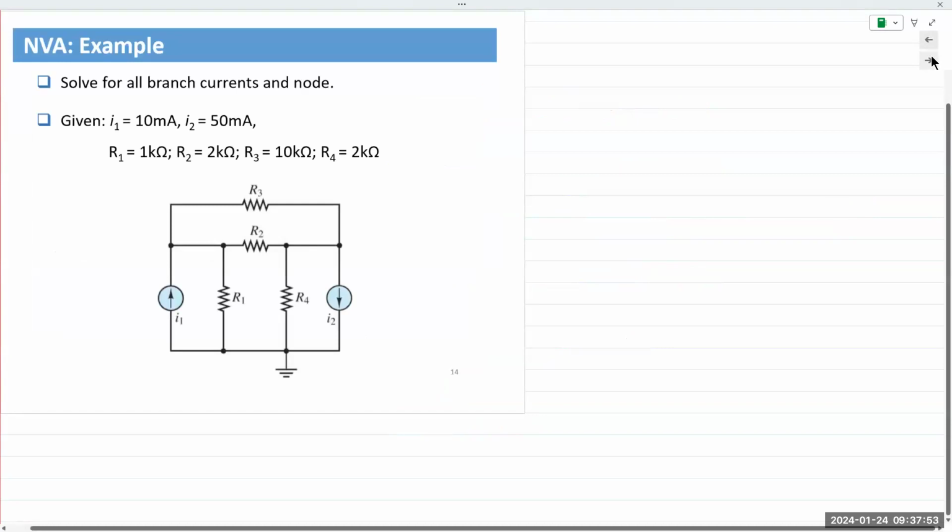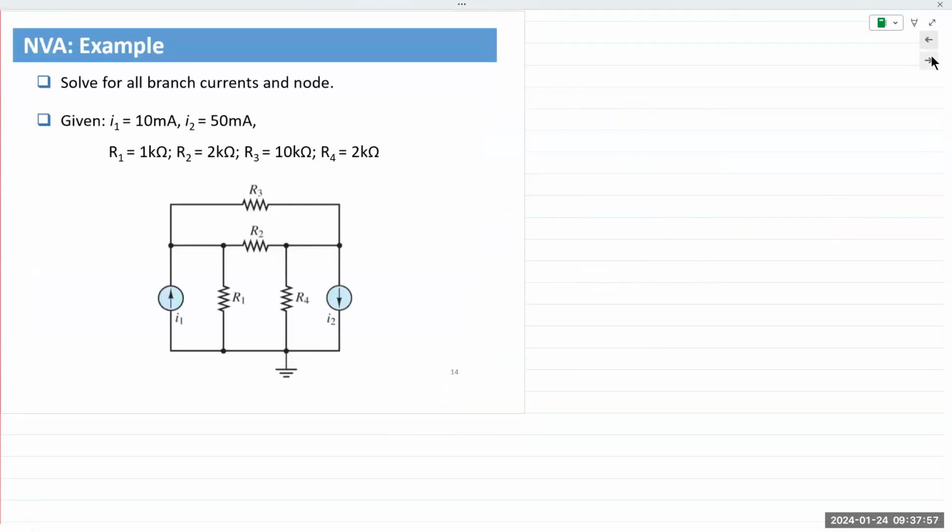So, the question being asked is: solve for all branch currents and the node voltages. Now, the question does not specifically ask you to solve with NVA, but this is an example about NVA, so we are using NVA techniques to solve this. I like to use this example because it's very interesting.